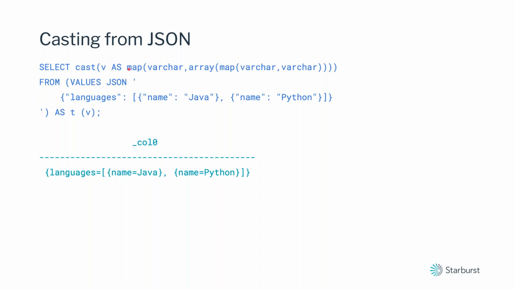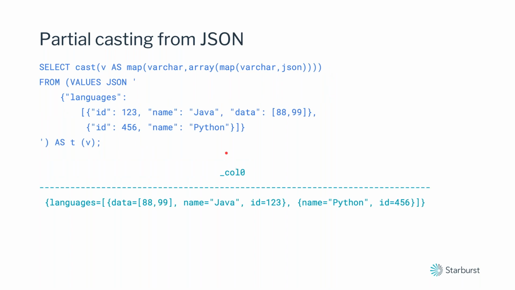So we can cast this to a map with string keys, where the value is an array, and the array contains maps of string to string. And we can see that the cast worked. We get this back out as a Presto data type, and then we can use it with any of the other SQL functions that operate on arrays and maps.